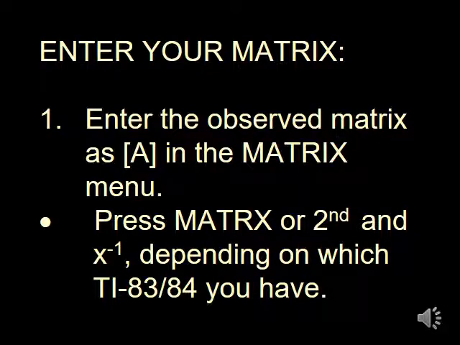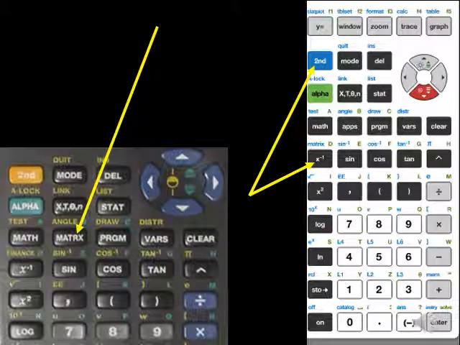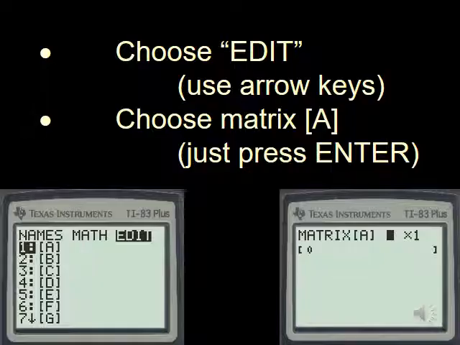If it doesn't, what you're likely to have to do is press second and then the key that says X-1 over at the left-hand side. Most of you guys did this back in trig class, but again, if you have an 83, it would just be hit the matrix key. If it's an 84, which I think is actually what most of you guys have, it's second, and then that X-1 key over at the left side. Once you get there, you'll see a screen that looks kind of like what's on the left.